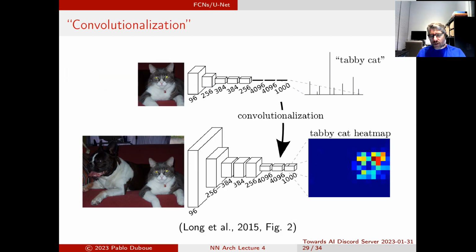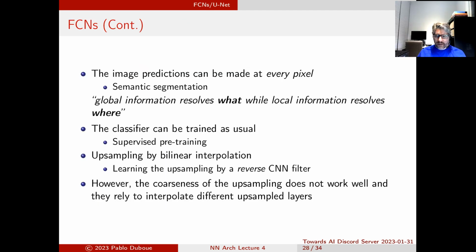So the intuition is this idea of what they call convolutionalization, a very convoluted word, where if you take a classifier that says that is a tabby cat, you can run that over the whole image and obtain a tabby cat heat map that tells you for each location in the image how likely that location is to belong to a tabby cat.